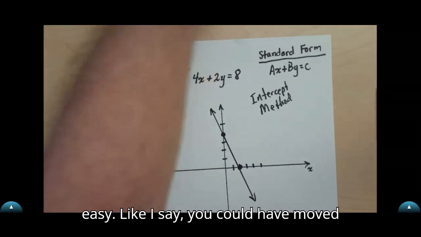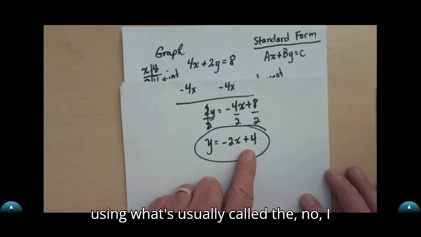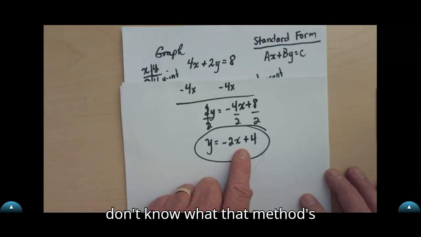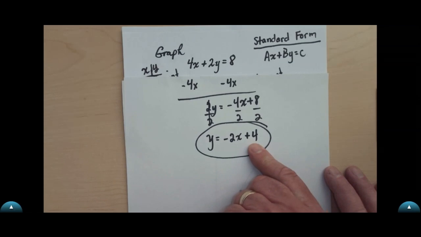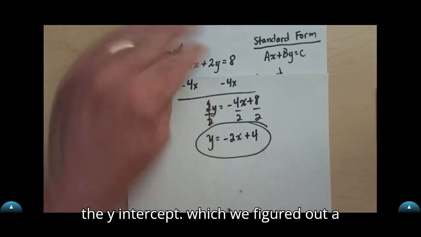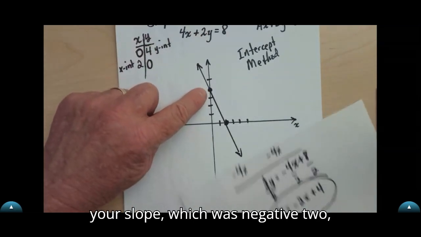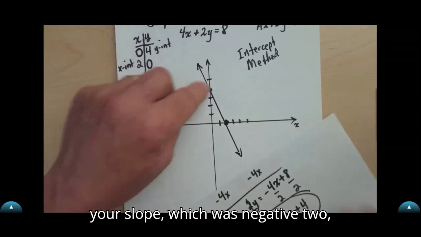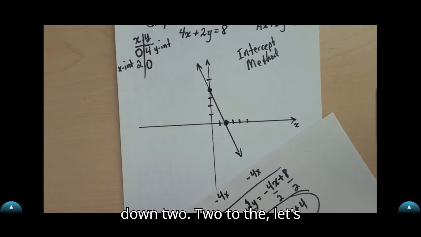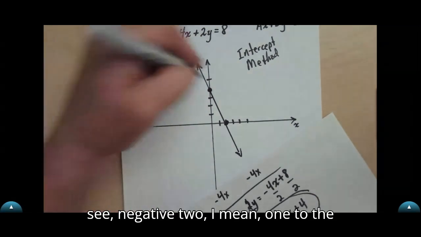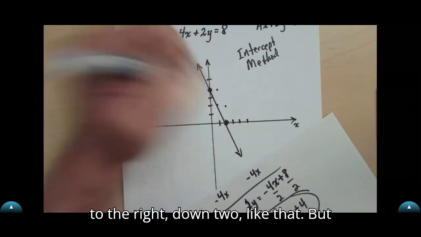Like I say, you could have moved this into slope-intercept form like we did here. Then you could have graphed it using the fact that 4 is the y-intercept, which we figured out a lot quicker and easier here, and then use your slope, which was -2, to go, for instance, 1 to the right, down 2, 1 to the right, down 2, like that.